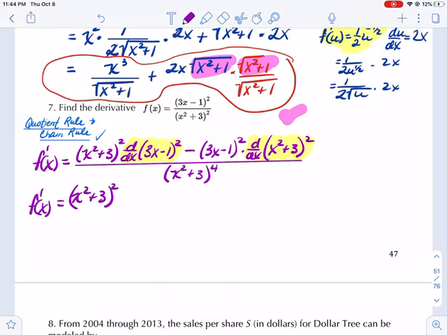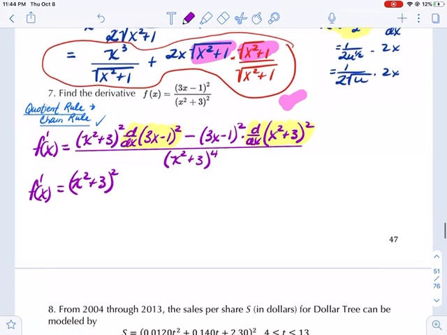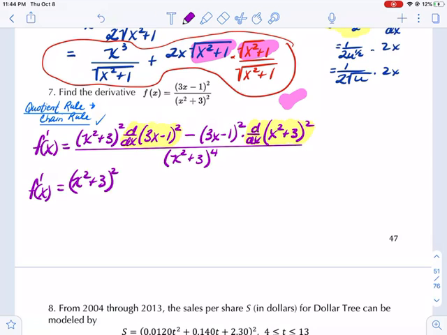I want you to watch as I do this. Instead of doing the whole chart and everything, I'm going to look at this as a power, and I'm going to use the power rule first. So the 2 is going to come out front. I'm going to keep my 3x minus 1, and I lower the power by 1. So it's just a 1, but we normally don't write that. Then I'm going to say times the derivative of the inside function, which is 3. And there you have it.